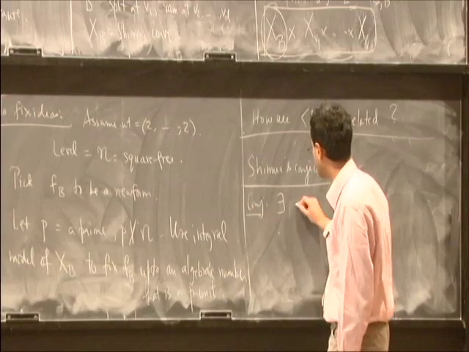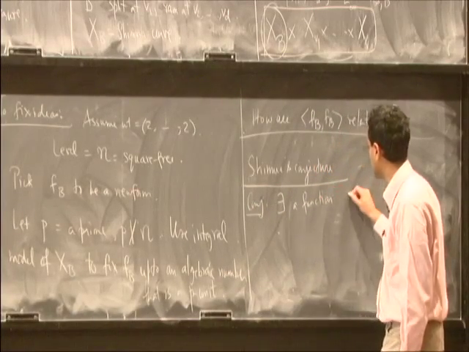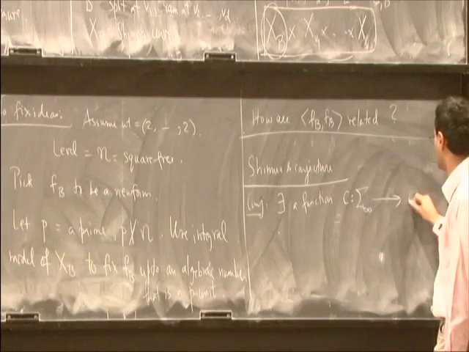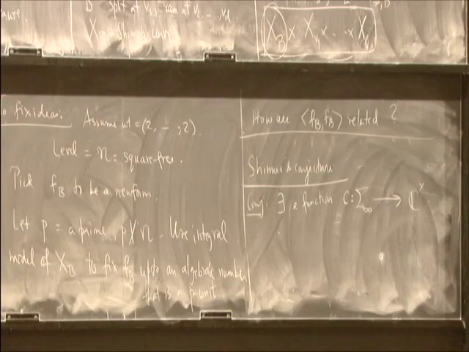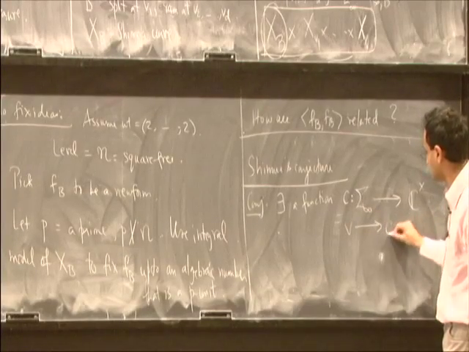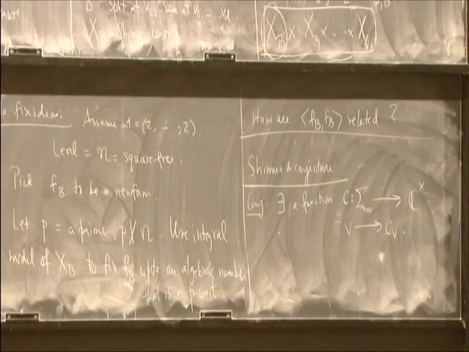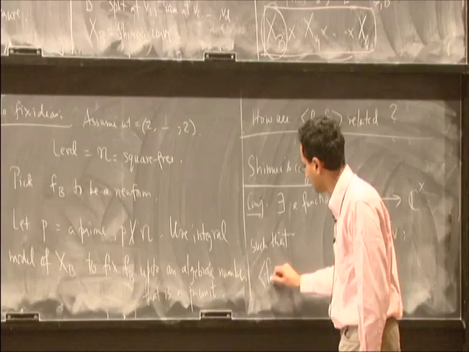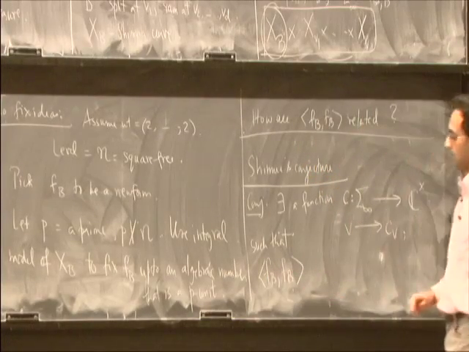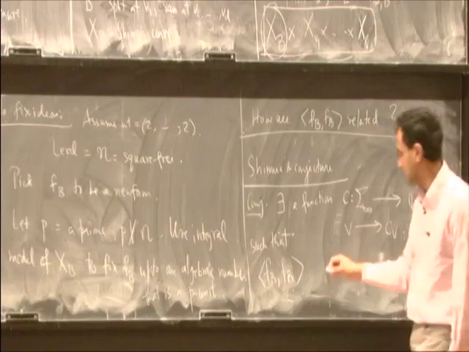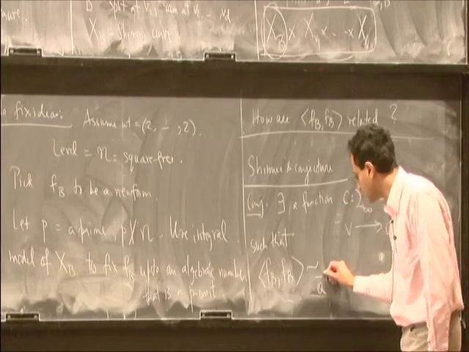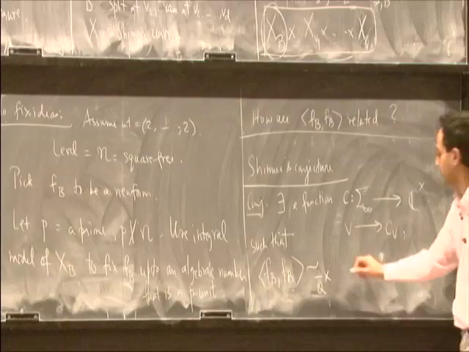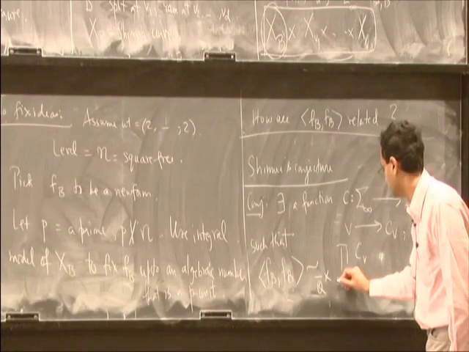There exists a function, which I'll call C, from the set of infinite places to the complex numbers, sending v to C_v, such that the inner product of f_B with itself is equal up to algebraic, and this symbol will mean the ratio is algebraic, to the product of those C_v where B is split at v.